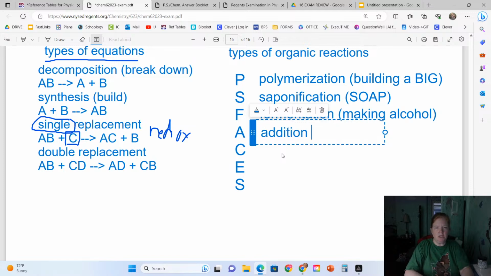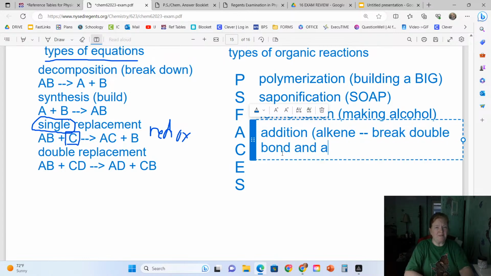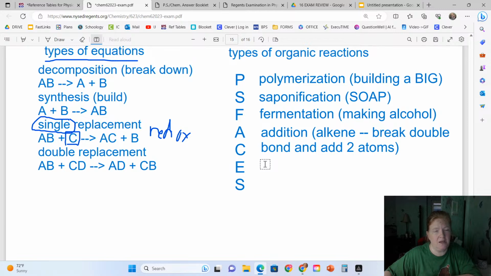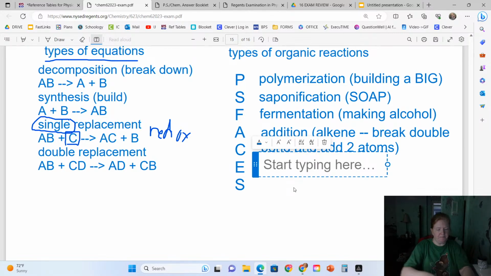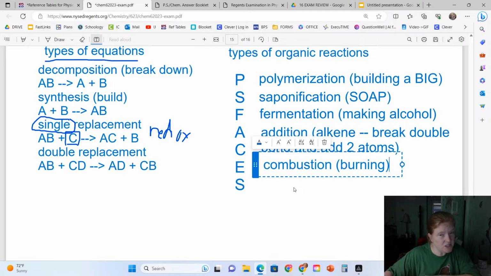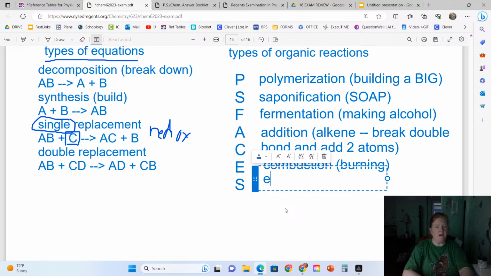A is addition. So that needs an alkene. So it has a double bond. So you break the double bond and add two atoms. So addition, you're adding two atoms. Okay, so that's the A, addition. C is combustion, which is burning. Okay, so that's with oxygen, and you get carbon dioxide and water.